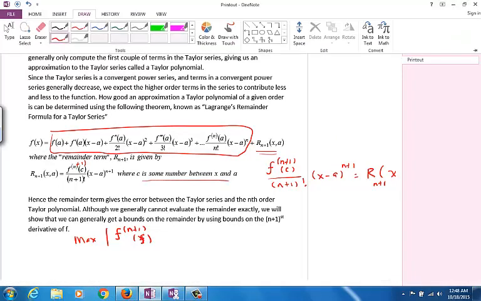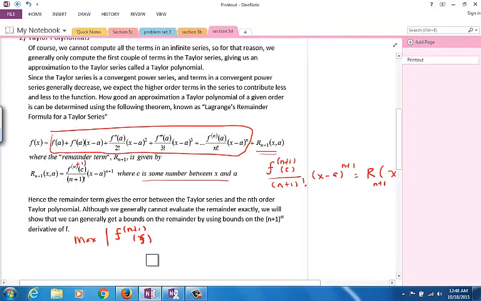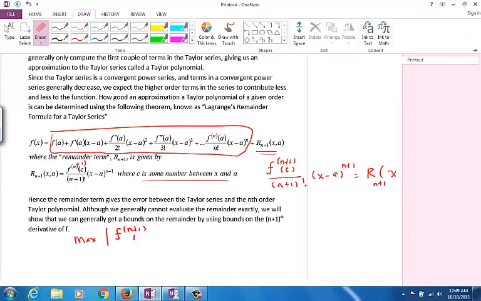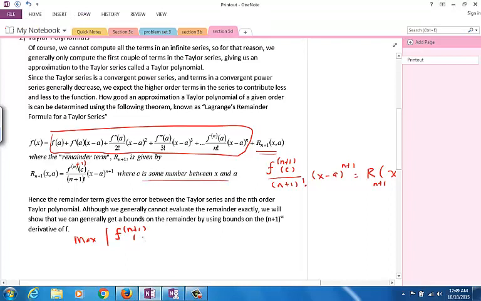Instead of using x, I'm going to use the Greek letter c for x, where c is any number between x and a. If I can find the upper bound on that, then I can find the upper bound on the error.